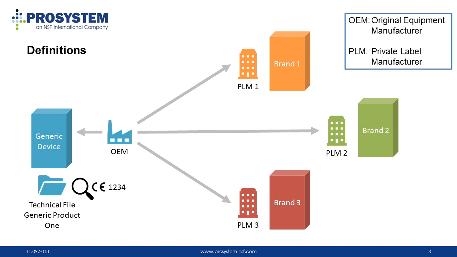So when you see the device here from the first PLM, you will only see the name of the PLM on the device labeled. The same is true for the other legal manufacturers as well. So they will also just be visible on your final device. So the original manufacturer, the OEM, under the current law in Europe will not be visible to the final customer.